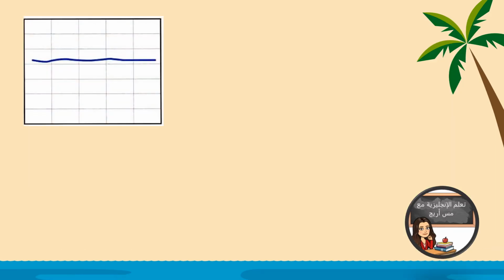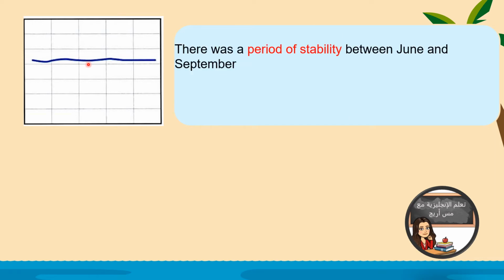Now let's take another shape. As you can see here, this is rather kind of straight. So there's very little to no change at all in the number. So what would I say? I can simply say there was a period of stability between June and September, for example. Or I can say numbers tend to stabilize.